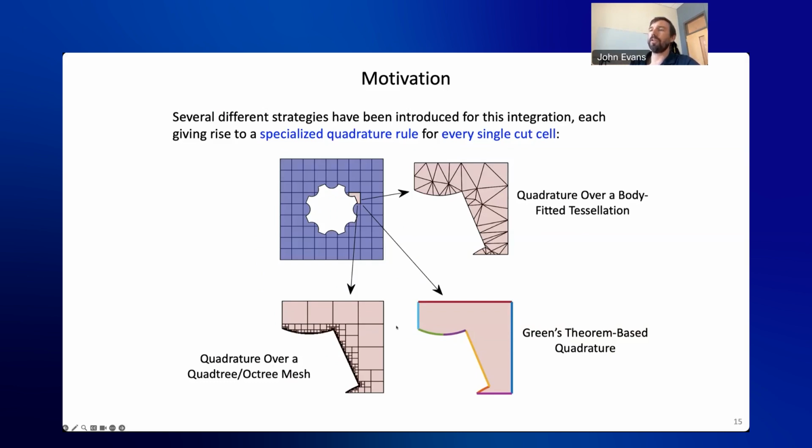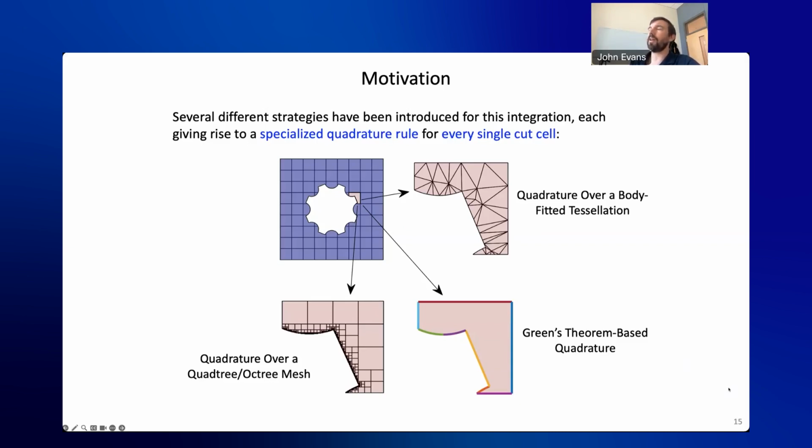You could use quadrature over a quadtree or octree mesh, which is commonly employed in the finite cell method. Or another technique, for instance, that my research group has investigated, is using Green's theorem to devise quadrature rules by transforming volume integrals to surface integrals, surface integrals to line integrals, and line integrals to point evaluations.